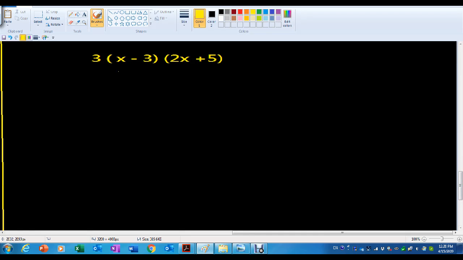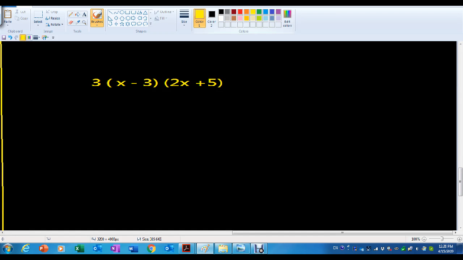All you need to do is to focus on the 2 binomials following that 3. So again, we need to do the FOIL. First one, this one. So let me write that as x times 2x. That's 2x squared. That's the first one.